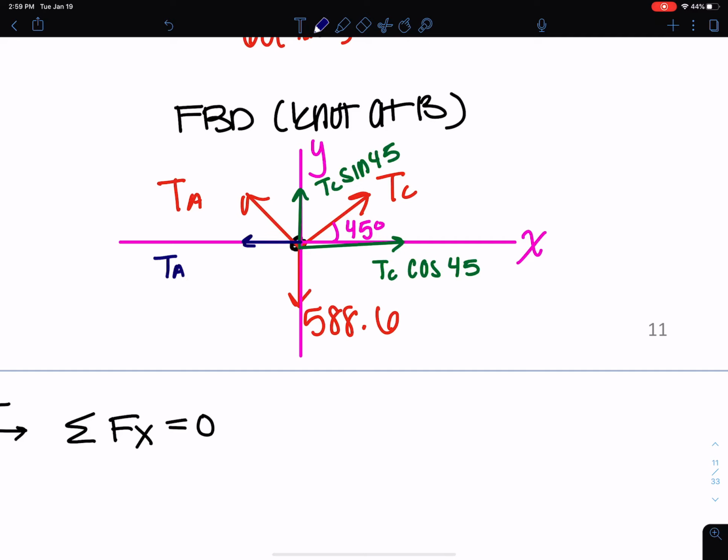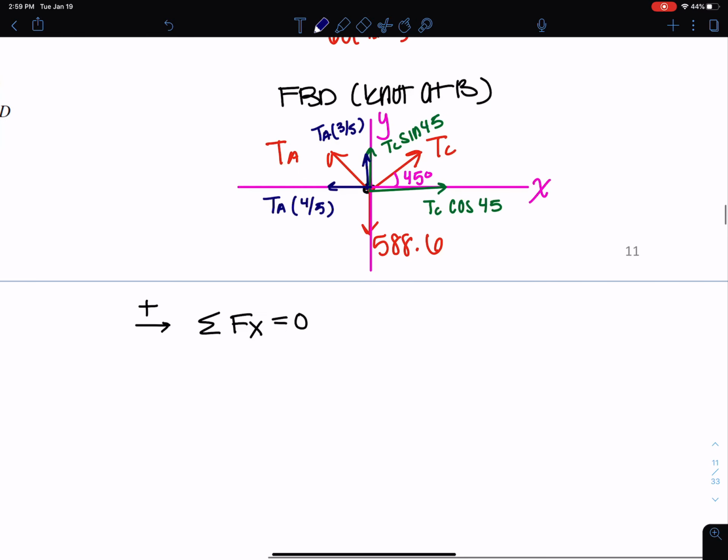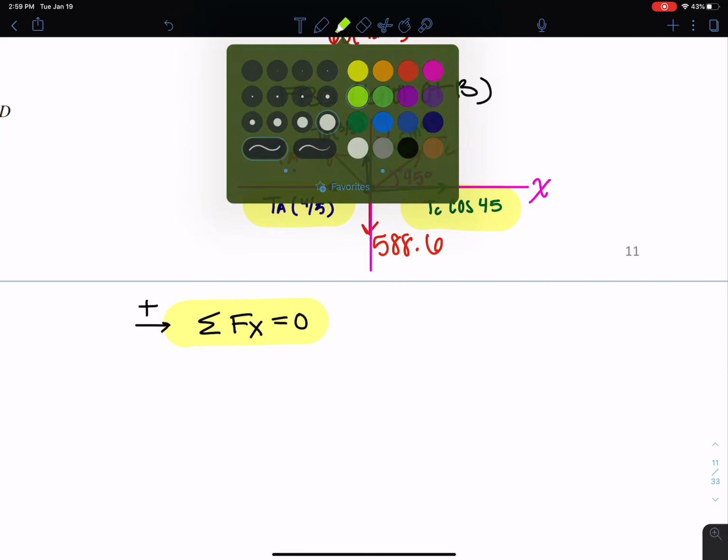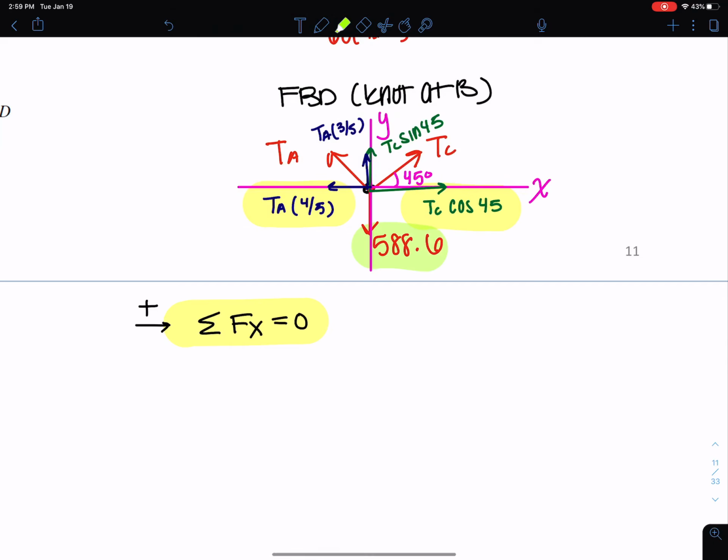TA times the component 4 over 5. And then here, of course, I'm going to have TA times the 3/5 component. So for the x direction, I'm going to highlight all the forces in yellow. So I have this and this. For the y direction, I'll use the green. I have this, and I have that.